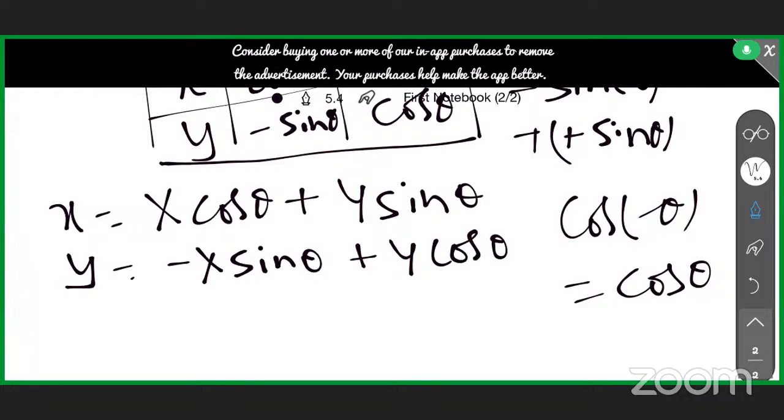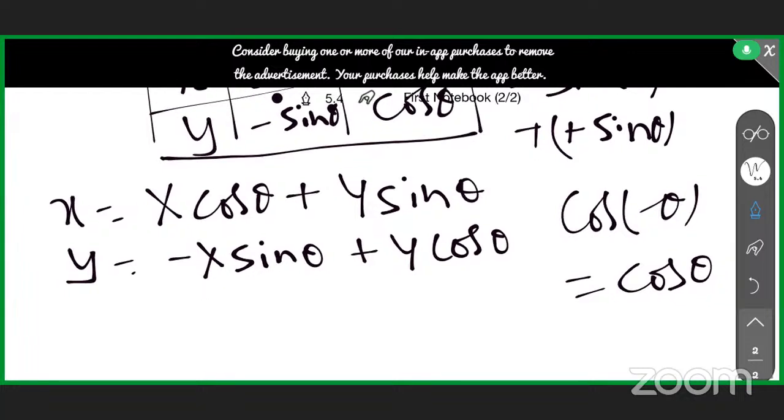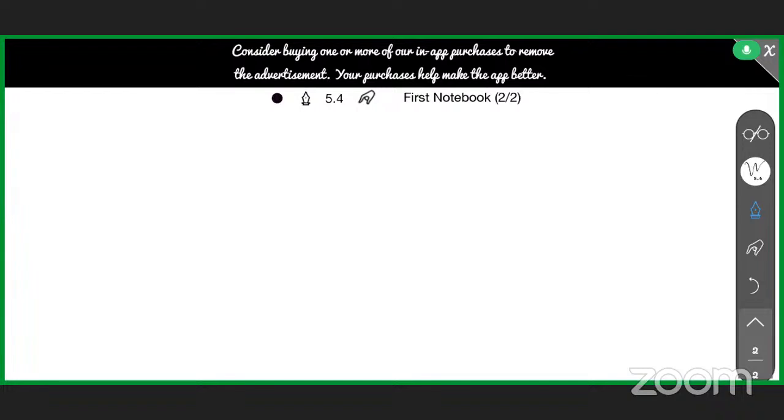First theorem. We know the general equation of any curve. Any curve, let it be a straight line or a circle or hyperbola or a parabola or an ellipse, anything.